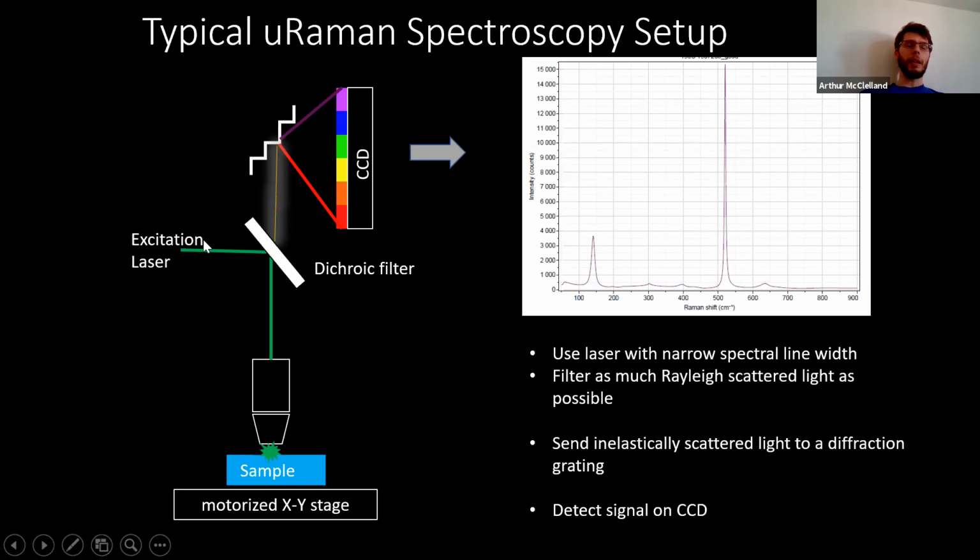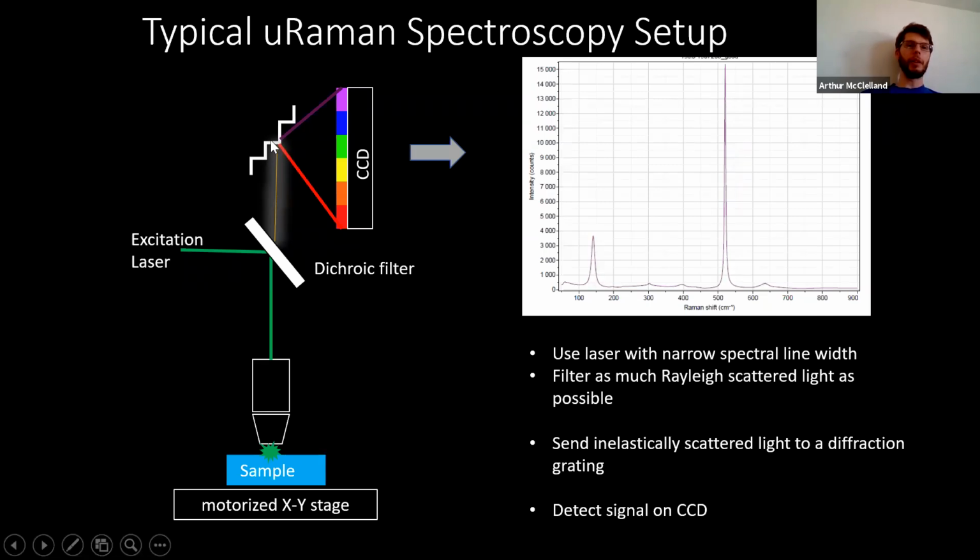So if we're throwing in 10 to the 20th excitation photons, a good filter these days will cut out 8 orders of magnitude. So that will still be 10 to the 12th photons coming back. It's really hard to filter all the excitation light, but we can filter enough of it, and it's a different color than our Raman scattered light.